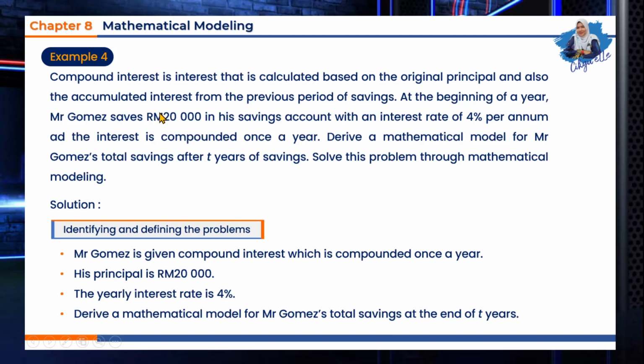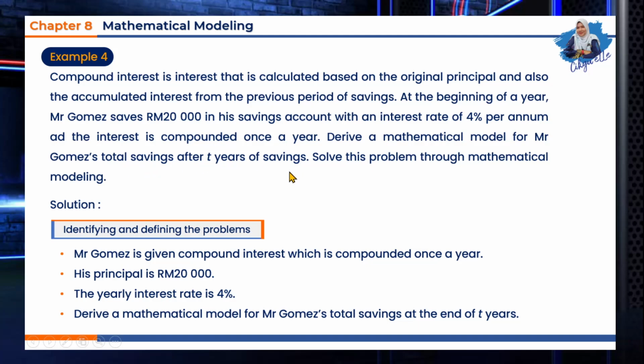So the information we have here is the principal, 20,000, the rate of interest, 4% per annum, and the interest is compounded once a year. Derive a mathematical model for Mr. Gomez's total savings after 3 years of savings.